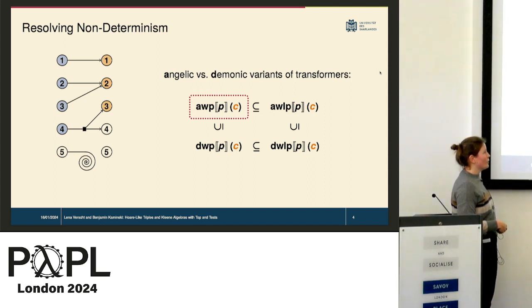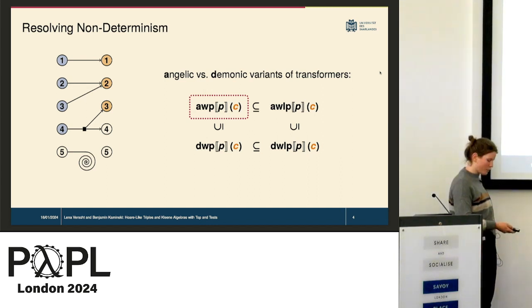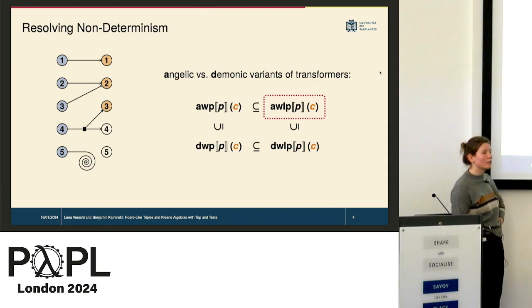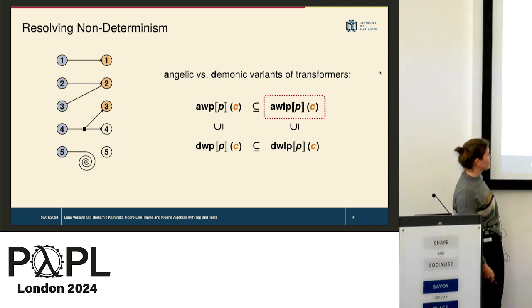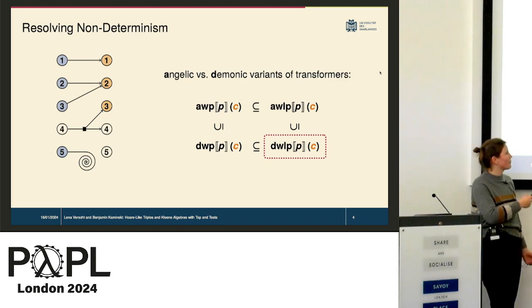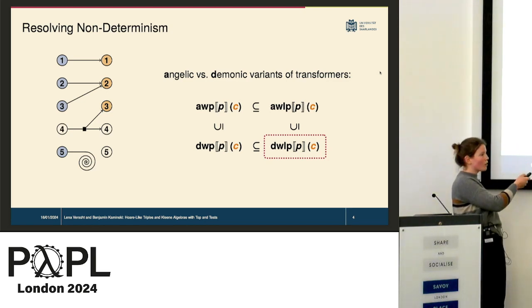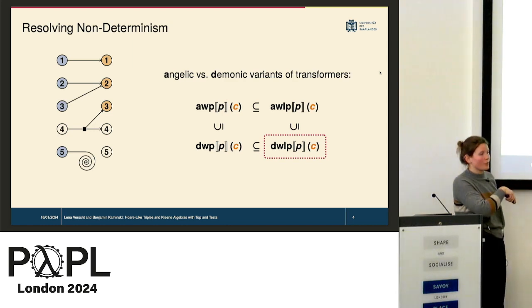Then the angelic weakest liberal pre additionally includes the states from which computation diverges. So here's state 5 again. In this example, actually, all initial states are included in the angelic weakest liberal pre. And the demonic weakest liberal pre again removes state 4 from the precondition. You can also see that there is an order between these sets. The demonic weakest pre is the smallest set, and the angelic weakest liberal pre is the largest one.